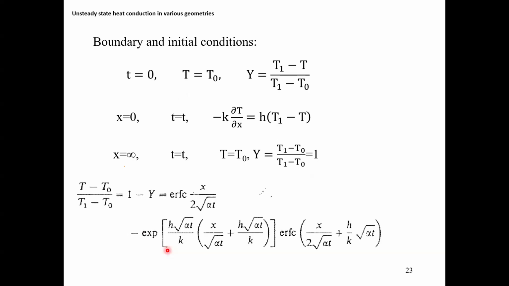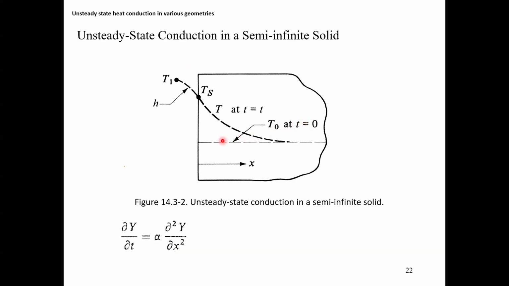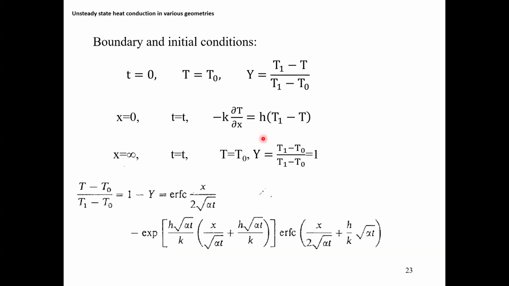We utilize the boundary and initial conditions. The initial condition is at t equal to 0, temperature is equal to T naught. The boundary condition is that at any time t, at the surface x equal to 0, heat transfer via conduction is equal to heat transfer via convection.